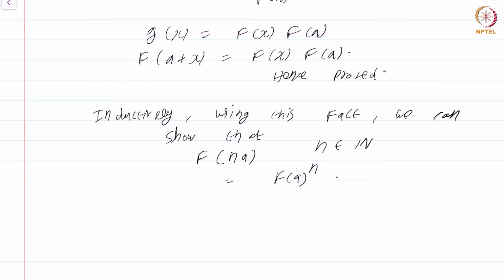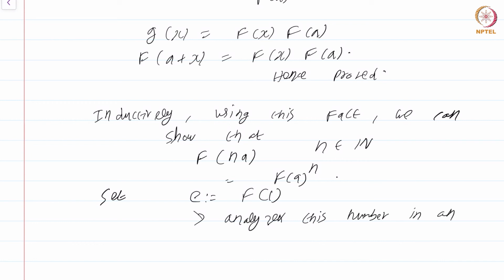Now set e to be equal to f of 1. Define e to be f of 1. We have already analyzed this number in an earlier module. In particular, we have shown that this e is actually an irrational number.